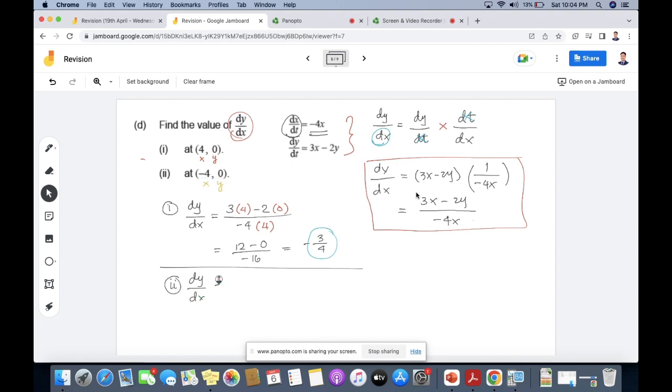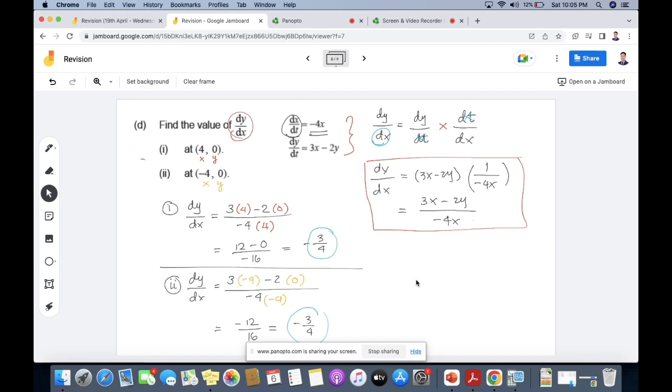This is now equal to 3 times negative 4, minus 2 times 0, all over negative 4 times negative 4. Okay? So solving it, we now have negative 12 over 16, which still gives us negative 3/4. And that's how we are going to solve the second one.